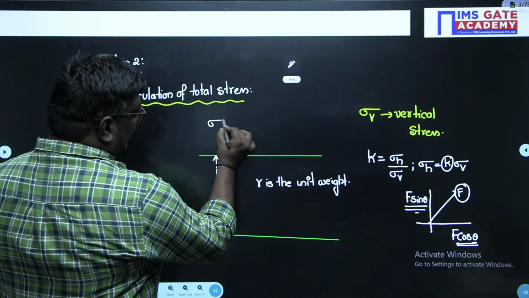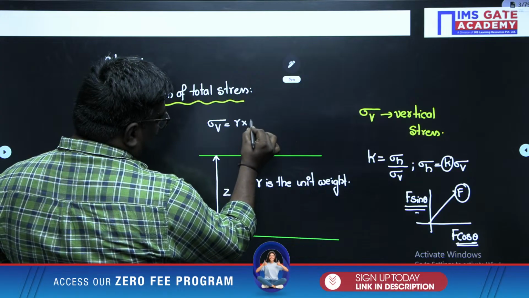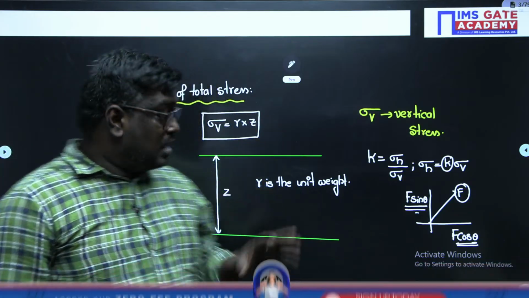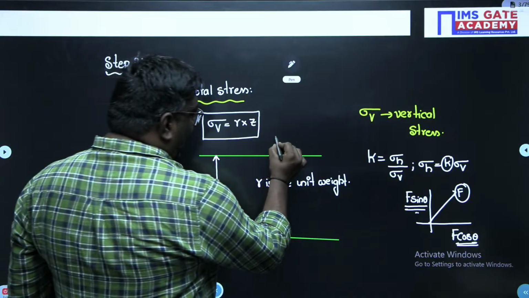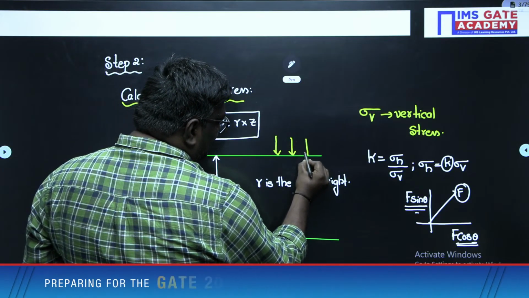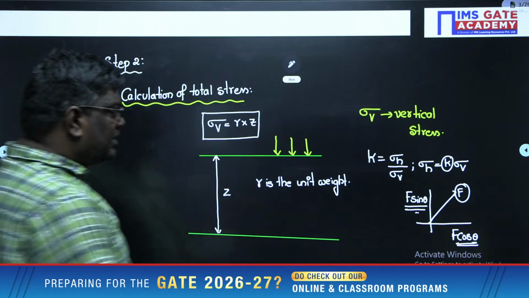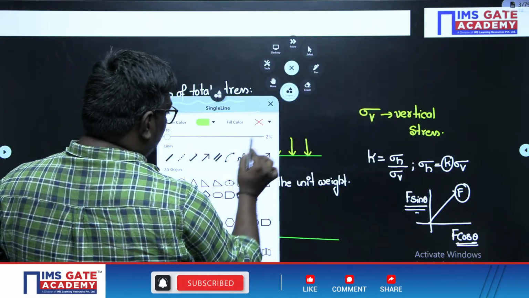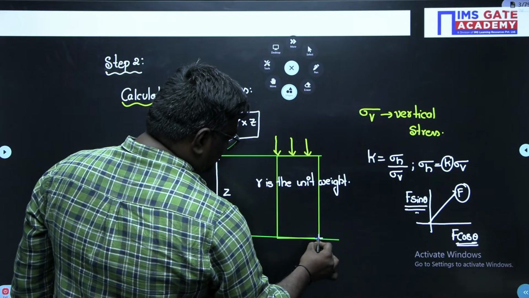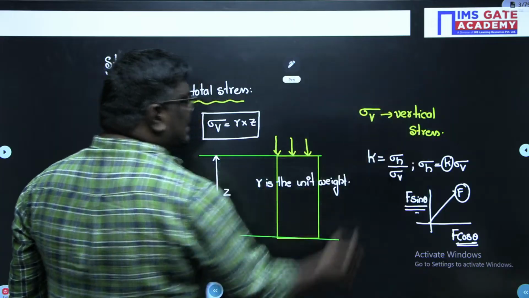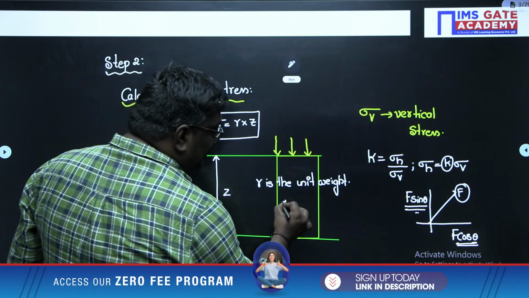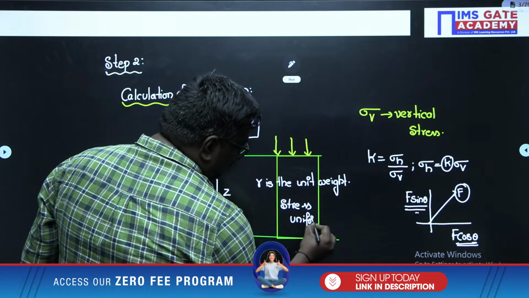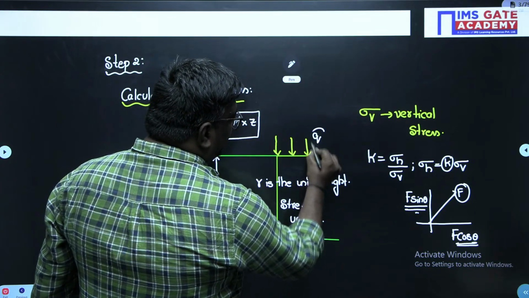Here the vertical stress can be taken as gamma into Z. Now in this same problem, if you have a surcharge loading, in case of surcharge loading the stress is uniform, so in this case this will be equal to Q.